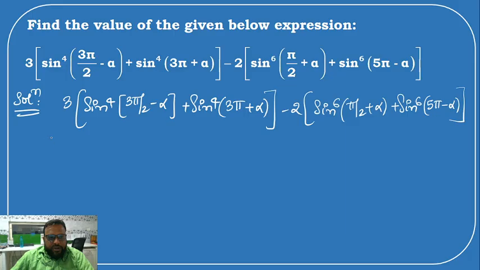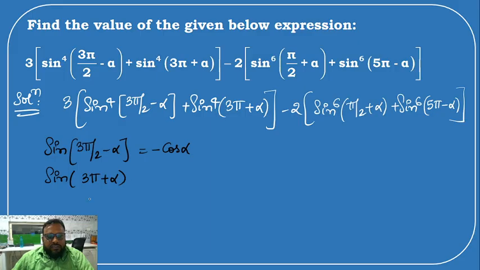That means first we will find out sin of 3 pi by 2 minus alpha. That is something like 270 minus theta, right? So pi by 2 is 90, 90 into 3, 270. Sin of 270 minus theta, so this is minus cos alpha. And similarly, sin of 3 pi plus alpha, we'll find out this value also.